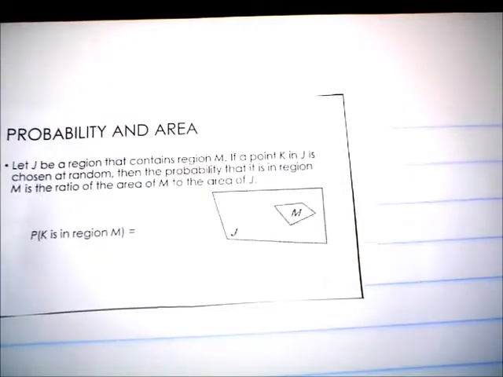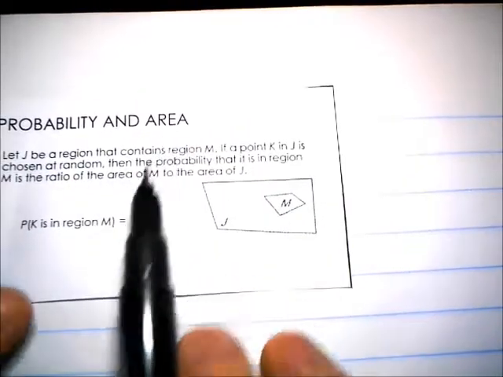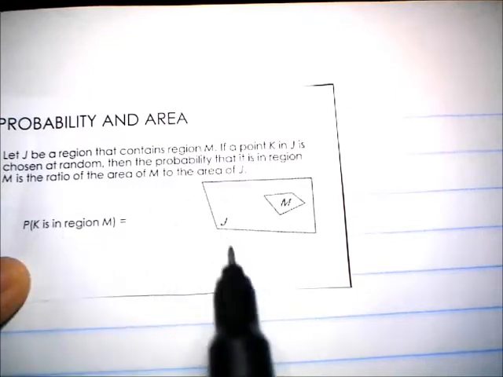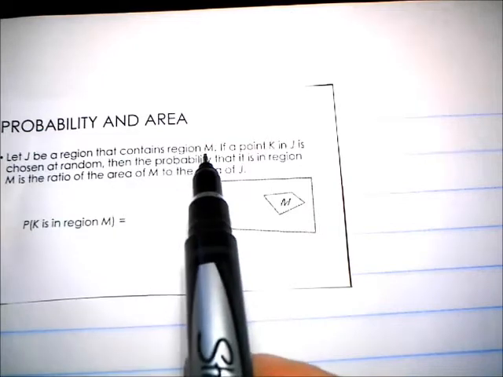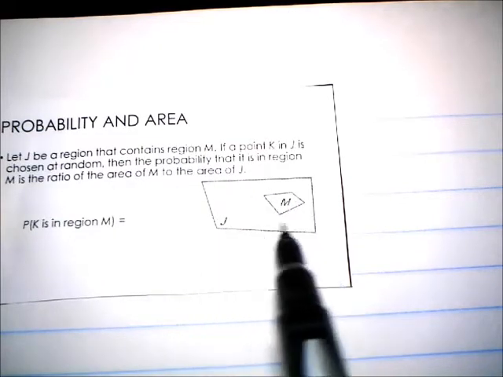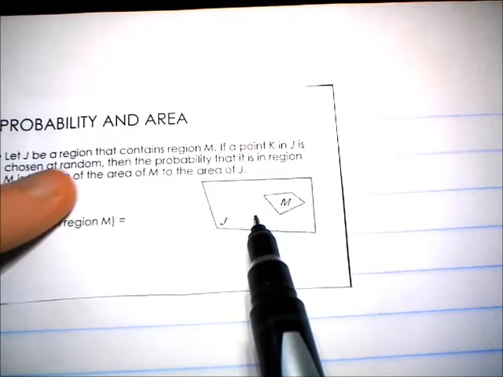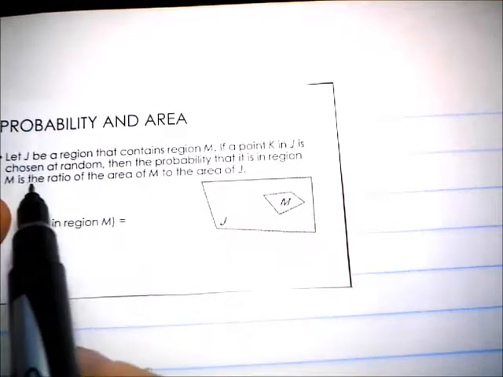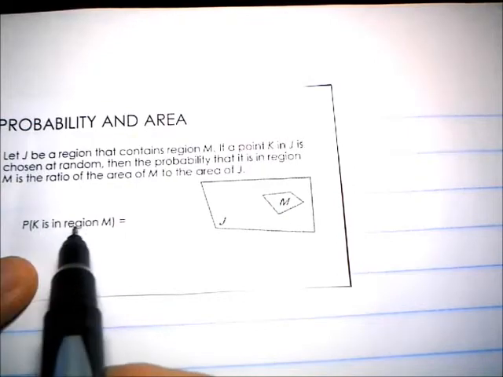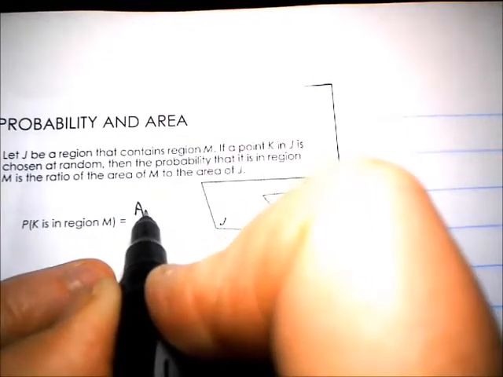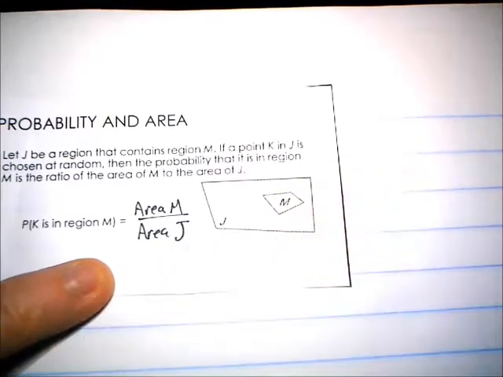Let J be a region that contains region M. So M has to be inside of J. If point K in J is chosen at random, then the probability that it is in the region M is the ratio of the area of M to the area of J. So for this probability of K in the region M, I need the area of M over the area of J for that probability. If I go to the example, that would be example number 2 for this situation.